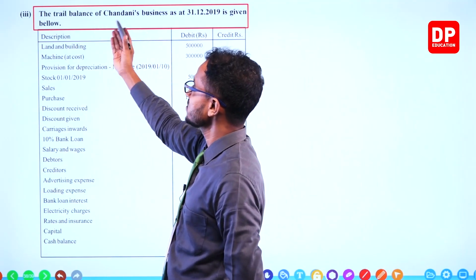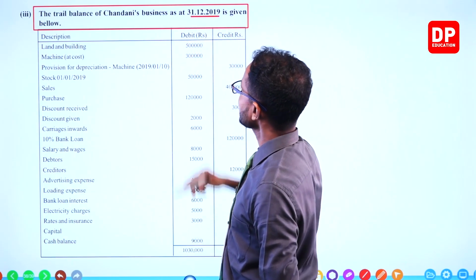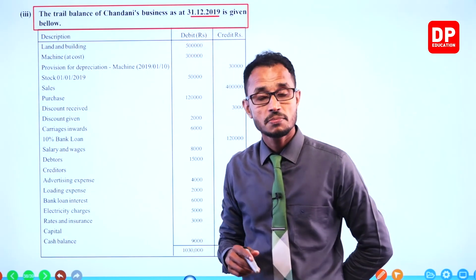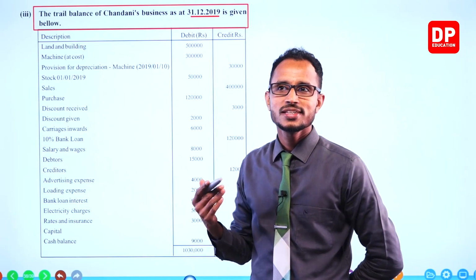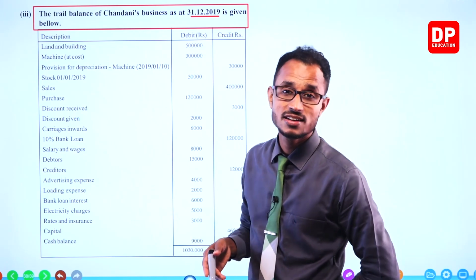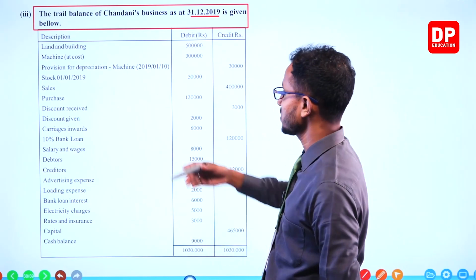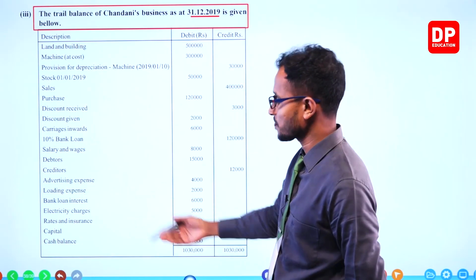Trial balance is given as at 31st December 2019. So the end of the period is 31st December, end of the year. Here you go, this is the trial balance.